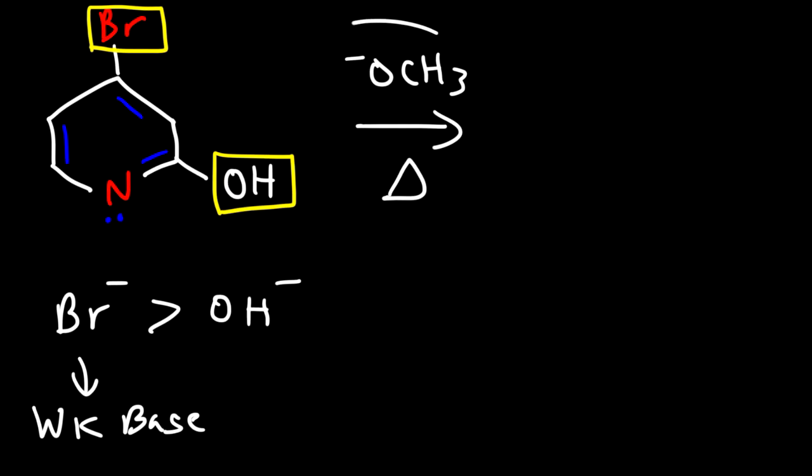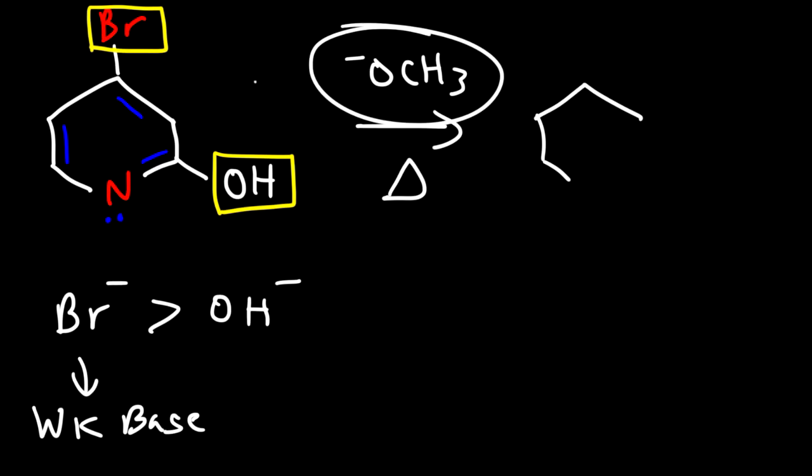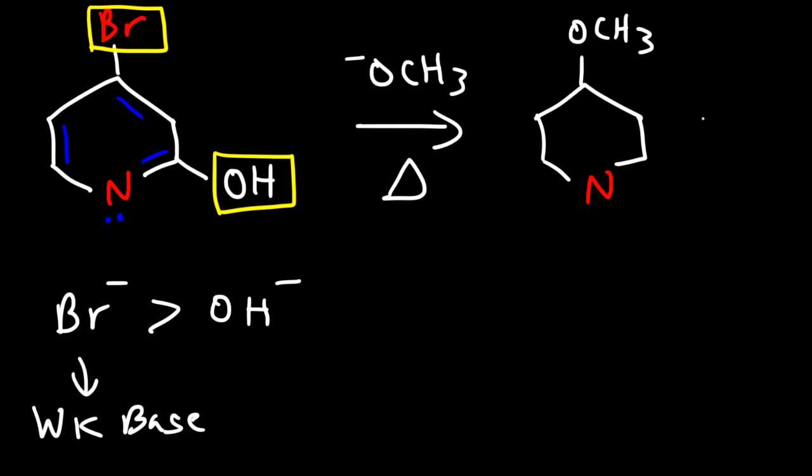So this will prefer to kick out the bromide ion as opposed to the hydroxide ion. So we're just going to replace the good leaving group with the nucleophile. And so the product for this reaction will look like this. And so that's it.